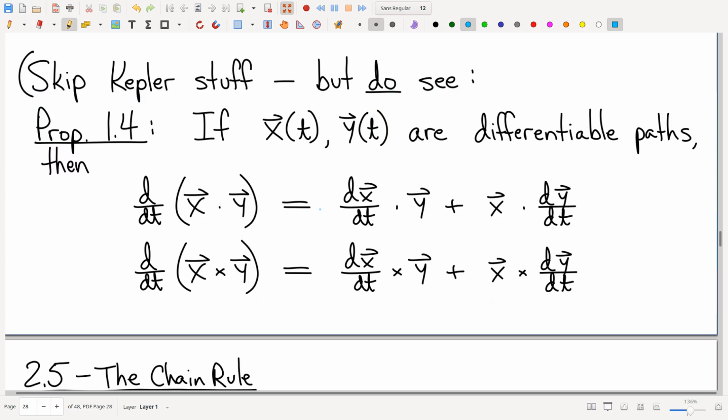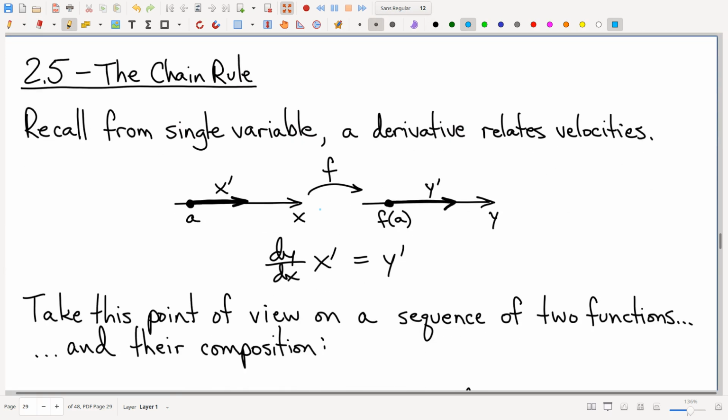Back to Chapter 2, Section 2.5, the chain rule. So, I know y'all know the single variable chain rule. I'm nevertheless going to spend a page of notes talking about the single variable chain rule, not because I think you don't know it. I know you do.